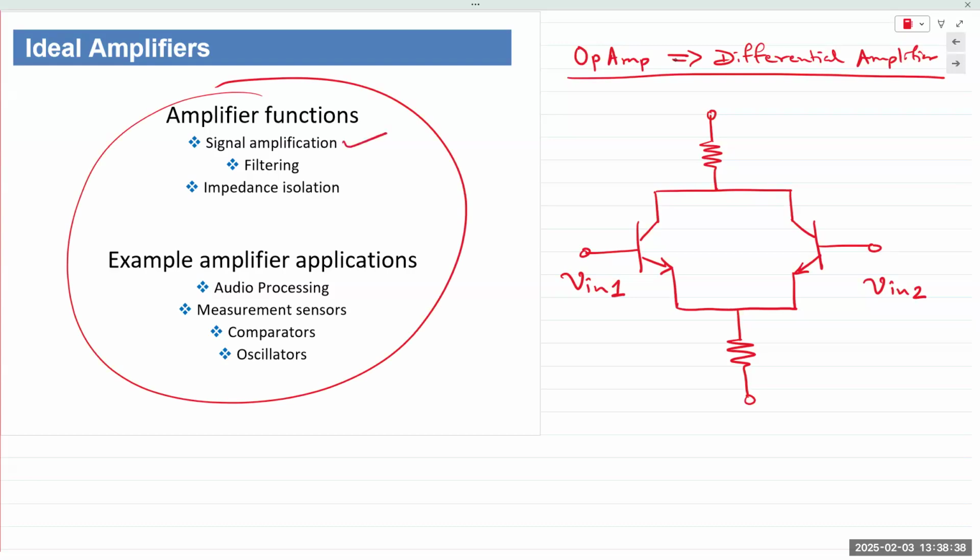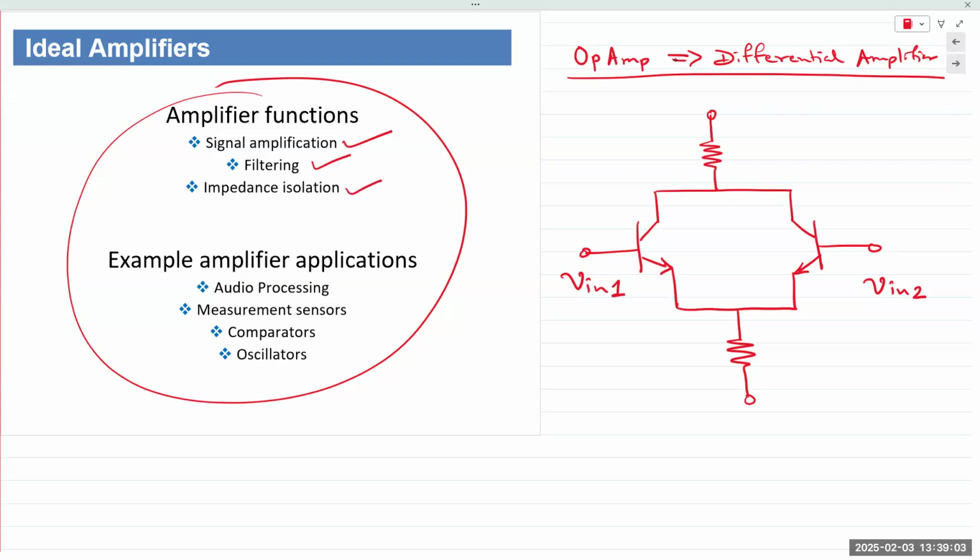So you can create an amplifier using an op amp. You can create a filter. Remember passive filters in 201? So we can add the same components like capacitors and inductors to an op amp and create an active filter. Active filters meaning it can provide some gain, some amplification, and it can filter at the same time.